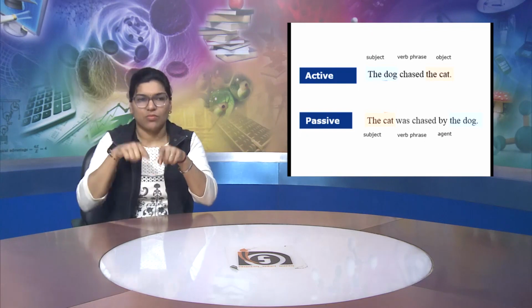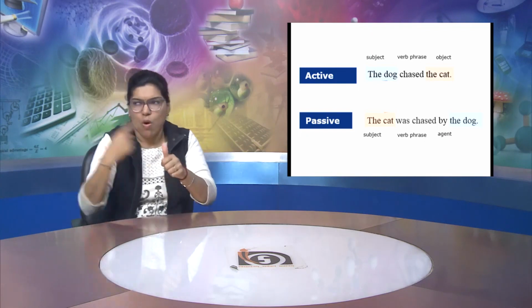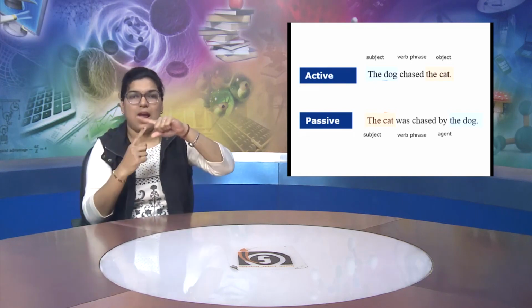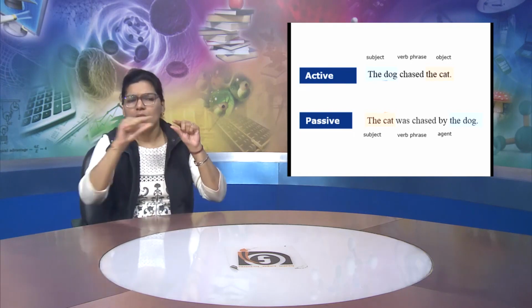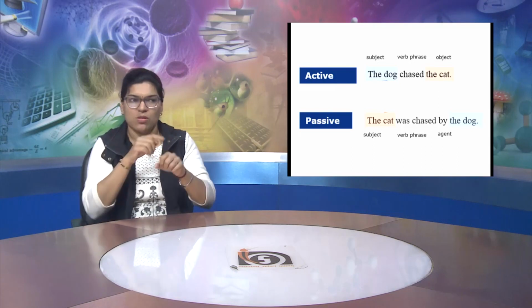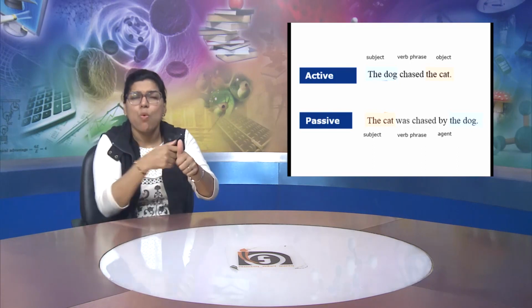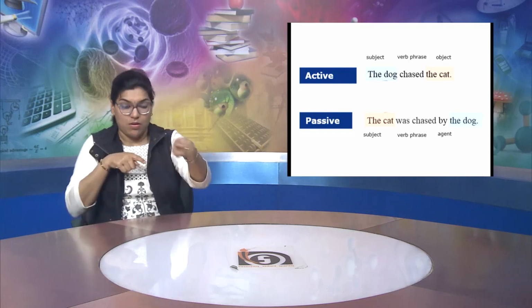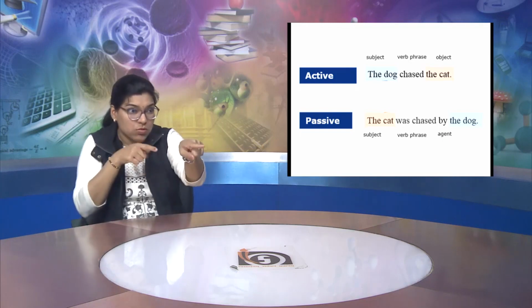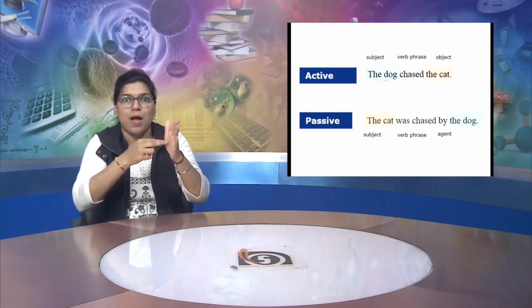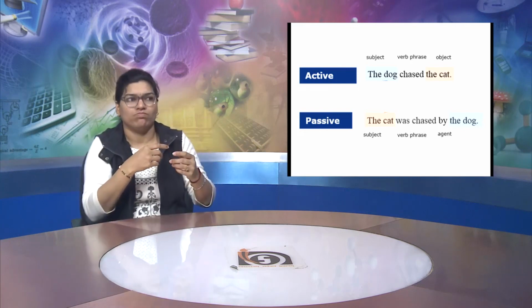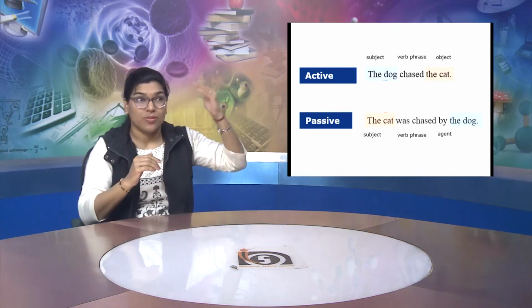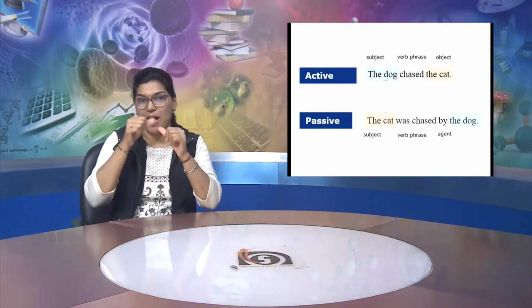The subject in the active voice is the dog, the verb is chased and the object is the cat. It is an example of active voice.